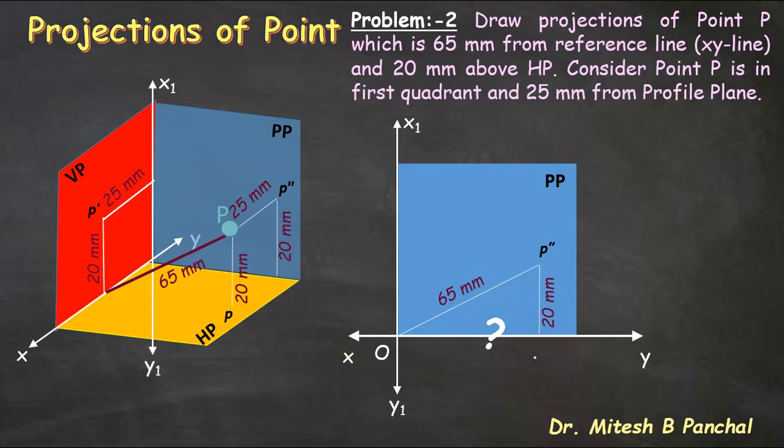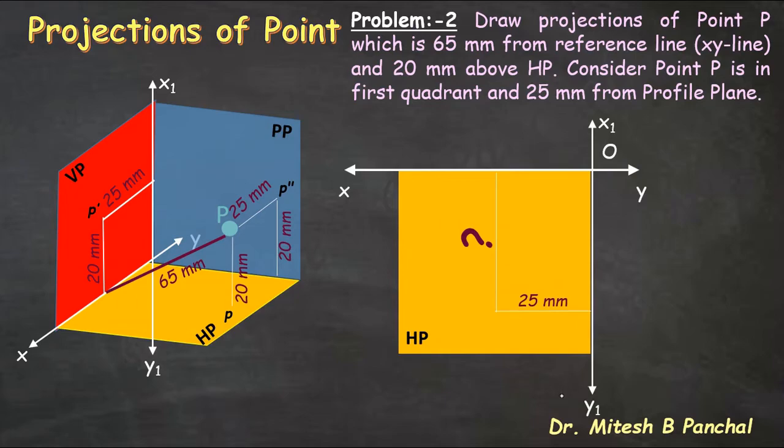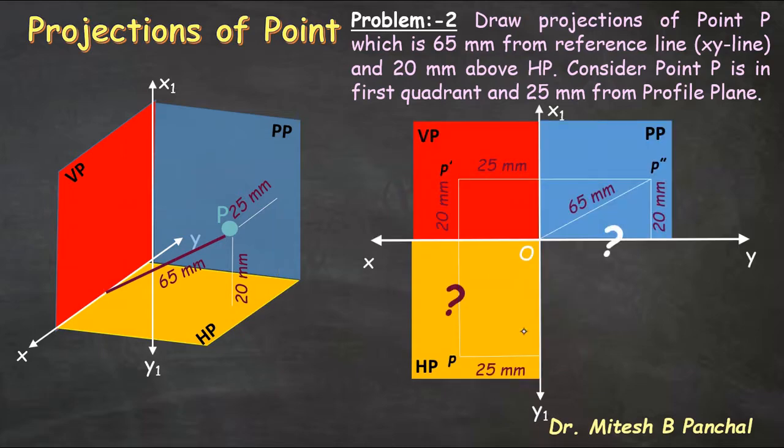So the distance from VP is unknown here. If you look at the top view, it will be 25 mm from X1 Y1 and from XY this dimension is unknown, so we will find it out graphically. Now front view, top view and side view are clear, so we can obtain the projections like this.